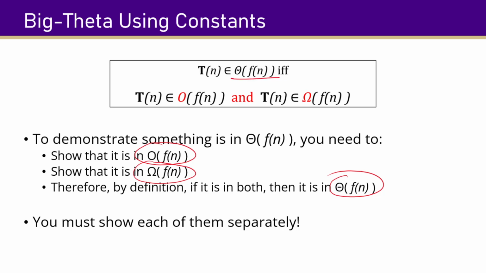So big theta means that something is in both big O and in big omega. And using the constants method, or the non-limit definition rather, you must show each of these separately.